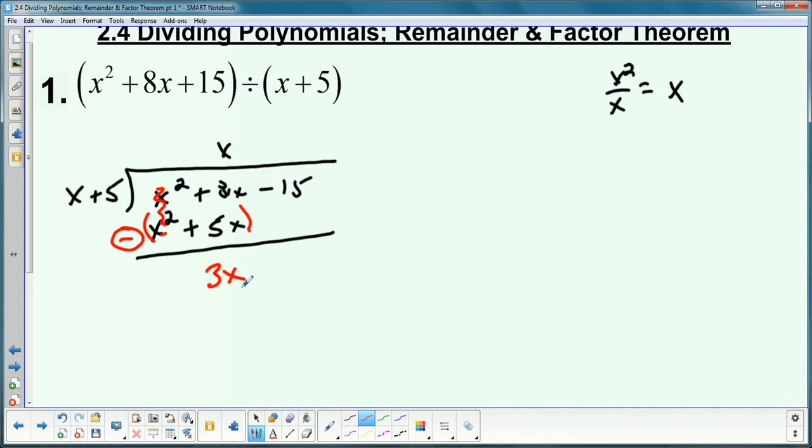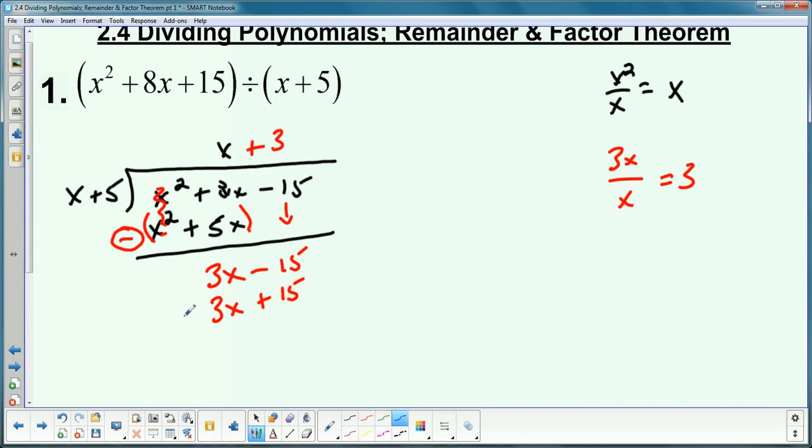Now we just repeat the process. I should also say I'm going to bring down this minus 15. Okay, I brought that straight down. I take my first term 3x over my first term x, and that gives me 3, so I put a plus 3 on top. Now I do the same thing and distribute through. 3 times x gives me 3x, and 3 times 5 gives me plus 15.